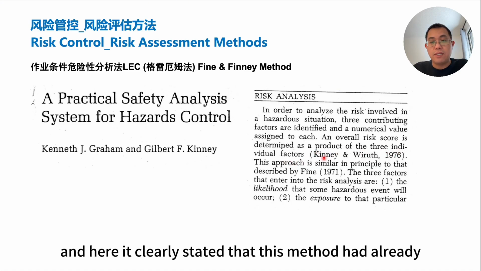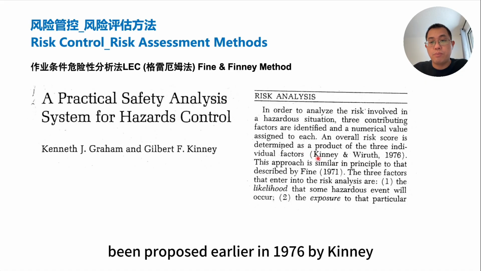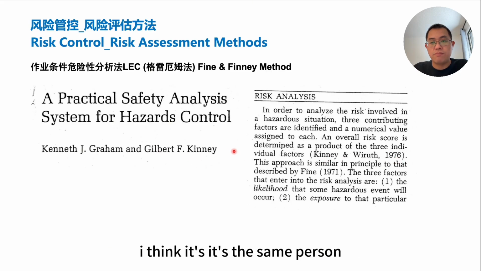And here it clearly stated that this method had already been proposed early in 1976 by Kinney, I think it's the same person, and Wirus, and even earlier in 1971 by someone called Fine, who suggested a similar approach.